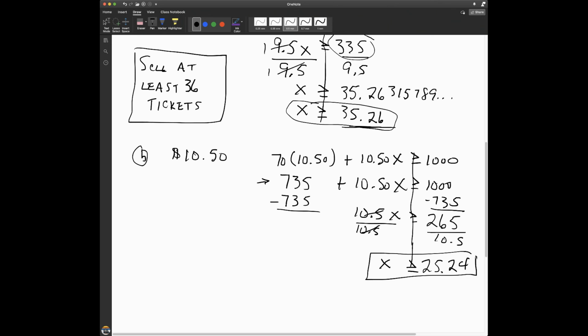So you can see here we don't need to sell as many tickets. We need to sell at least 26 tickets if we raise the price of the tickets by $1.